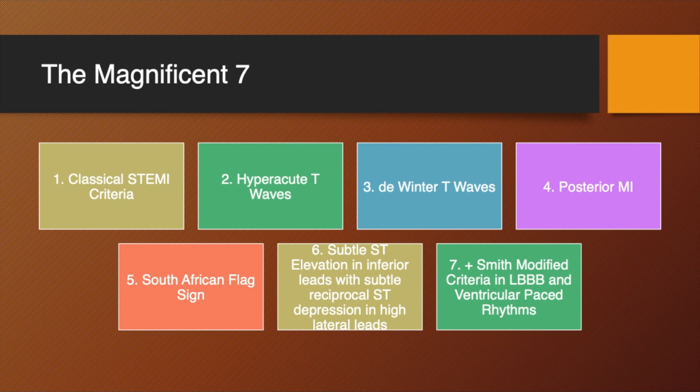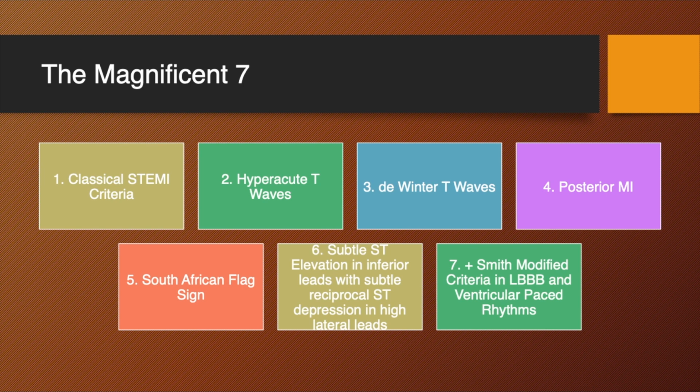This is not all-inclusive, but these are perhaps easier to conceptualize and to identify when it comes to more novice providers who do not have extensive background in looking at and interpreting multiple 12-lead ECGs. And again, this really comes down to encountering this many times over and developing good pattern recognition. And so I'm going to focus on these 7 findings.